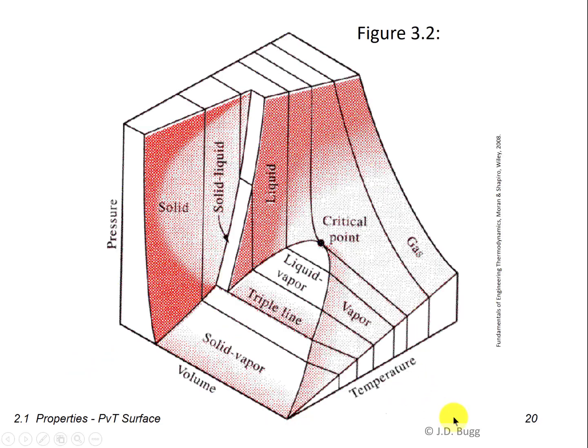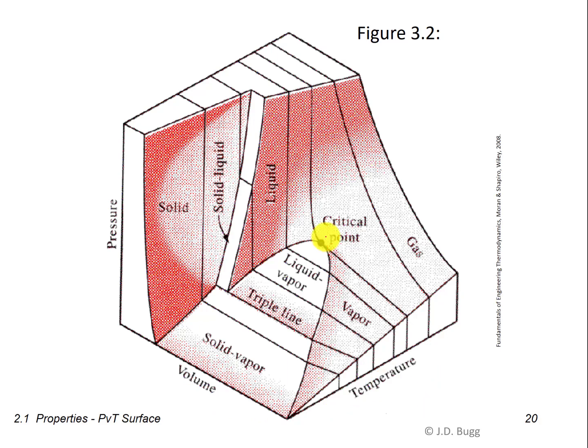So what the surface actually looks like is this, and this is just a figure out of your textbook as reference there. So let's take a look at this more complicated picture here, which is a 3D image of the equilibrium surface. So first of all, notice that our axes are pressure, temperature, and volume, the same as what we were talking about earlier.